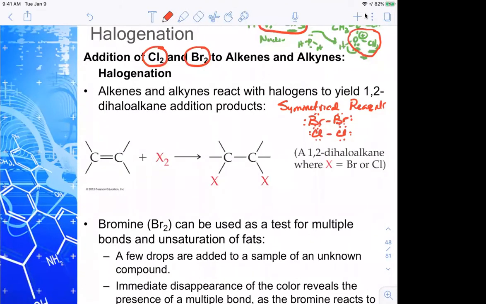Now notice the halogen splits up and one halogen atom gets attached to each carbon of the double bond. Now the nice thing about this is there is no regiochemistry.